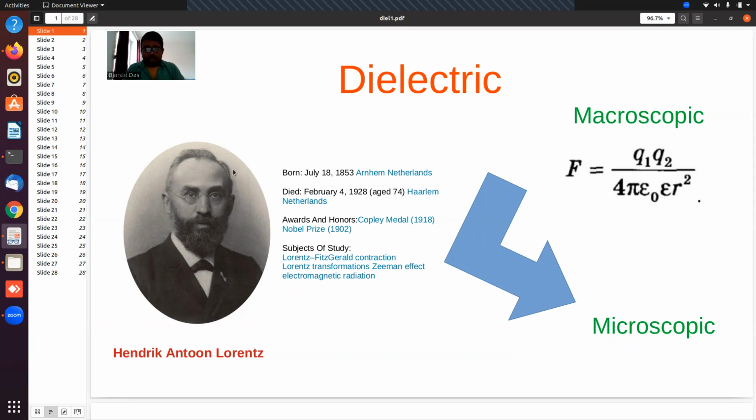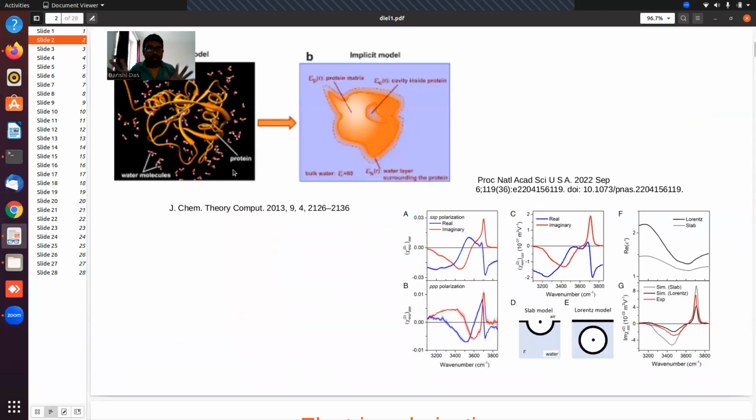So this is our main motto: how could we think microscopically when we had only that macroscopic formula in our hand at that time. I will show two recent examples where, due to Lorentz, that very initial concept is still useful for us.